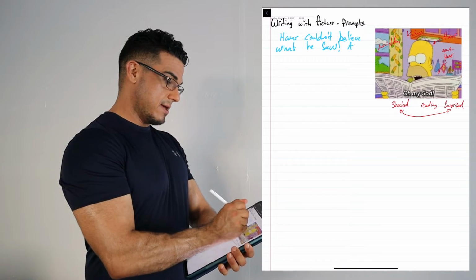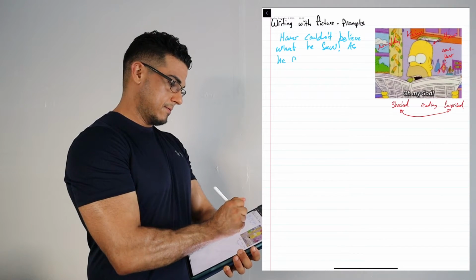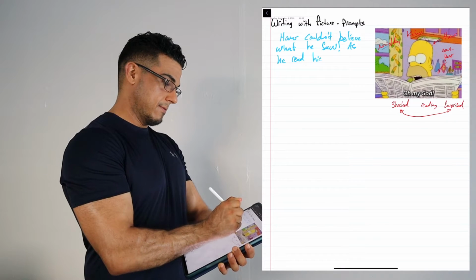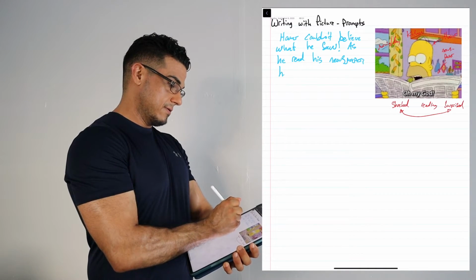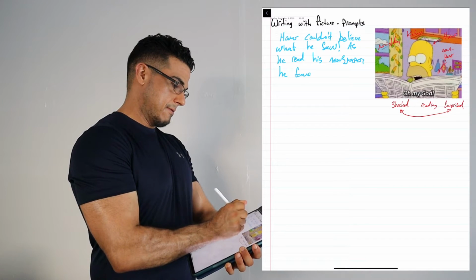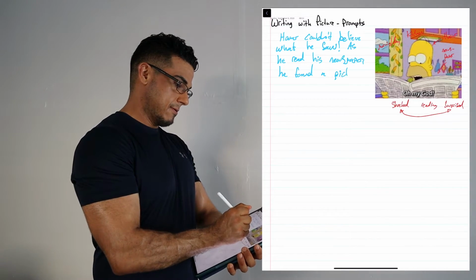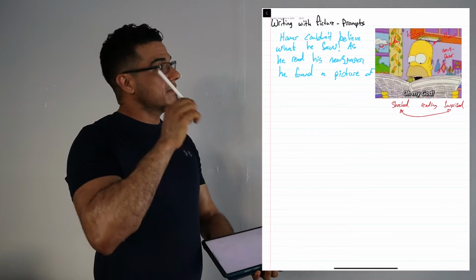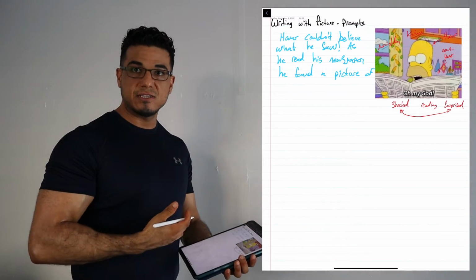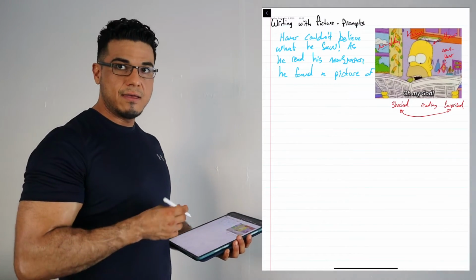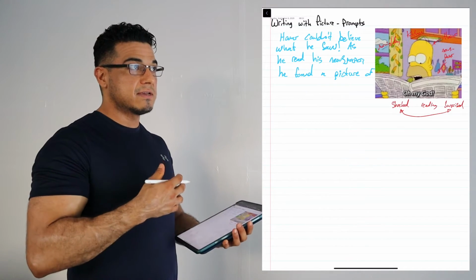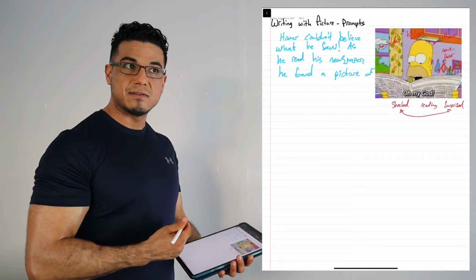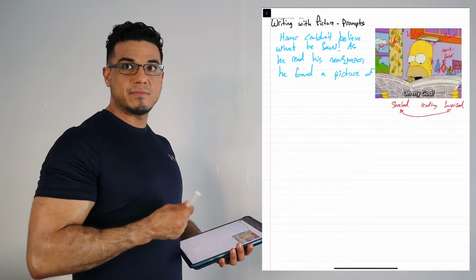So as he read his newspaper, he found a picture of, and this is where as a student I would be tasked to use my imagination, because I am not privy to what Homer is seeing in the paper. I have to really use my imagination in this case and make something up that would lead somebody to be surprised.